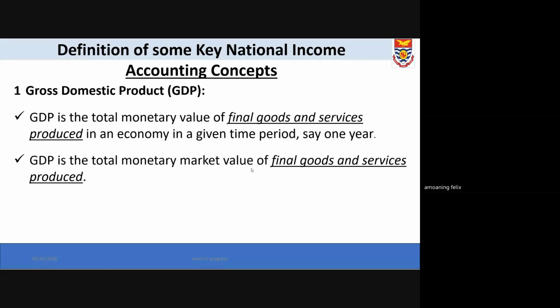All that I'm trying to say is that when you talk about our national income, we said that we intend to measure the total monetary value of goods and services, or productive activities, that happened within an economy in a given year. I also told you that the focus was on the residents, the inhabitants of the country. We are not interested if the person is a foreigner or a national.